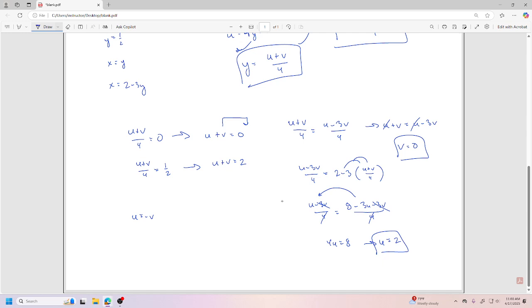Is that a correct statement? So u equals 0, v equals 0, right? They're kind of like a pair. If I plug in a u equals 2, then v must equal, okay, so that's like a pair in a way. If I plug in the 0 here, then u is equal to 2.